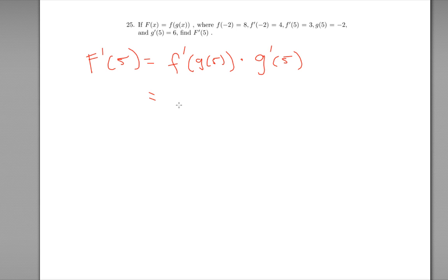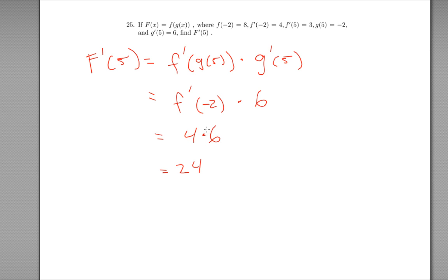So what is g at 5? G at 5 they give us is negative 2, times the derivative of g at 5, g prime at 5, which is 6, so this is times 6. Wait a minute. Sorry, that's the function at negative 2. The derivative at negative 2 is 4, times 6, so this ends up being 24.